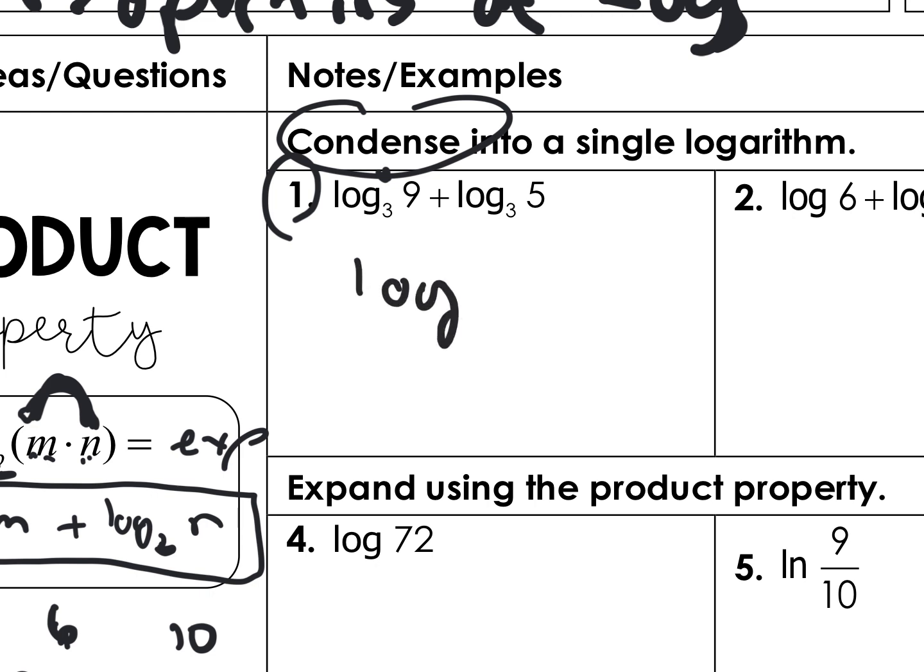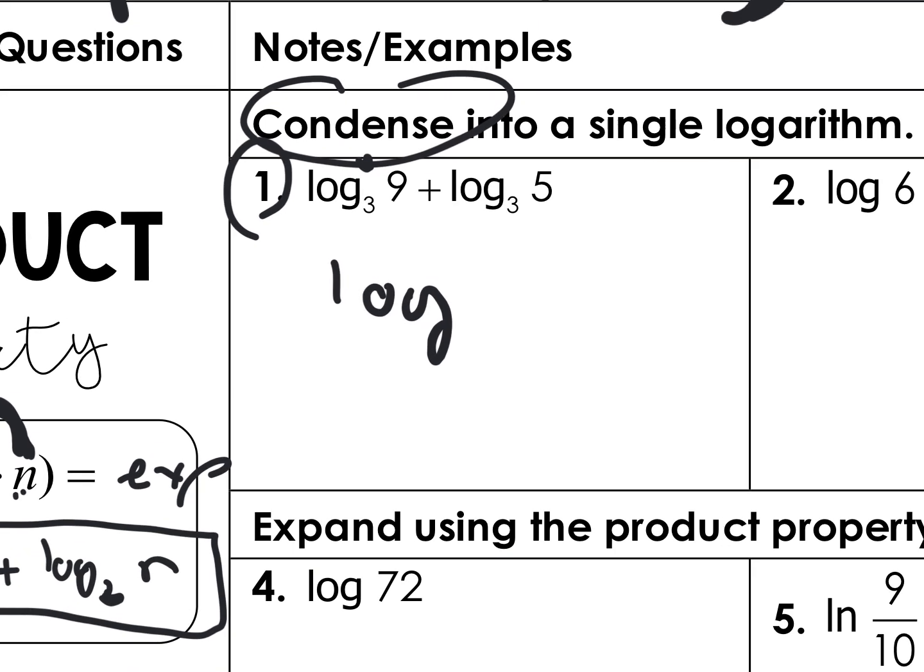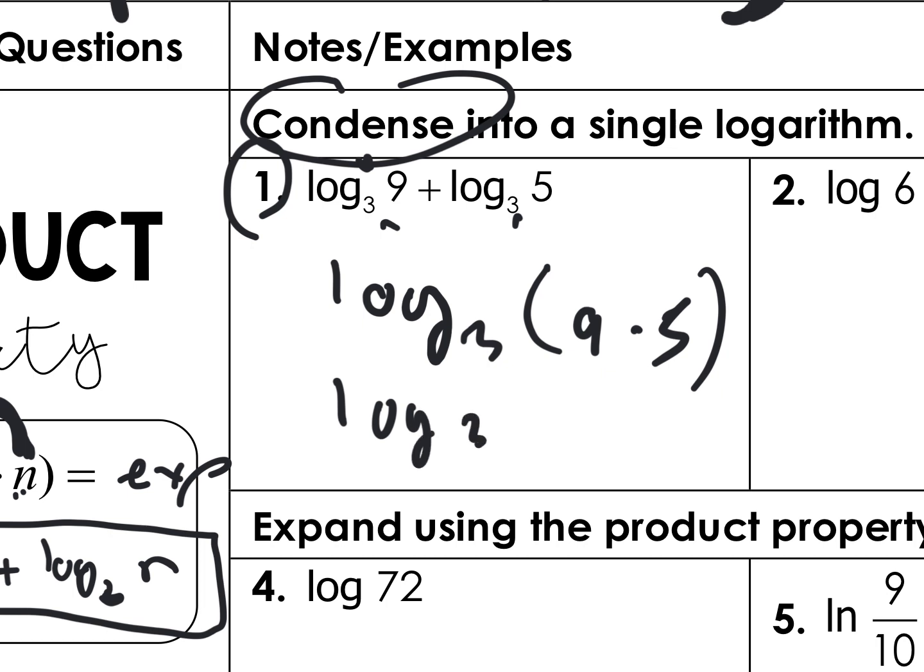Log base 3 of what? No. 9 times 5. Yes. Because when we had 9 times 5, I could separate them with 2 logs. So I could write log base 3 of 45.